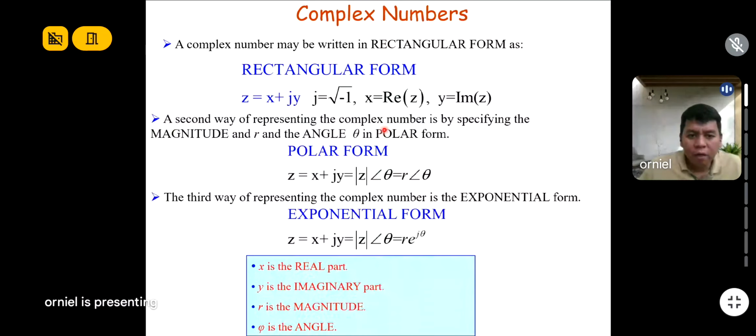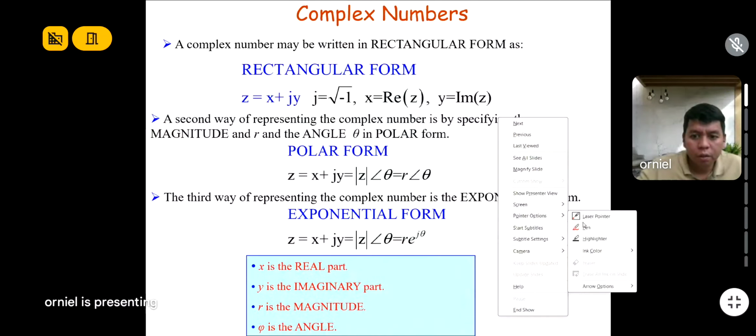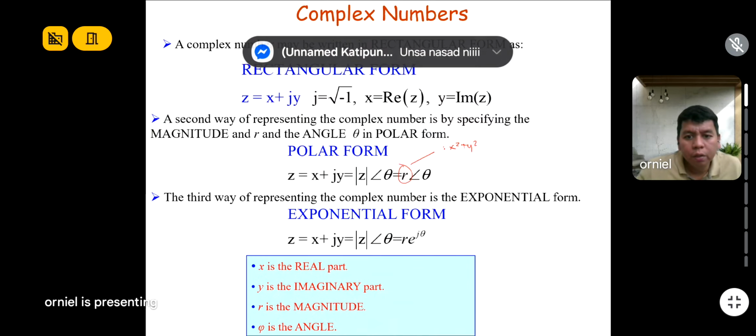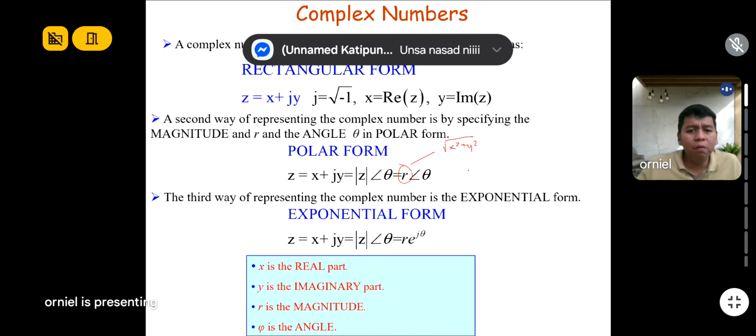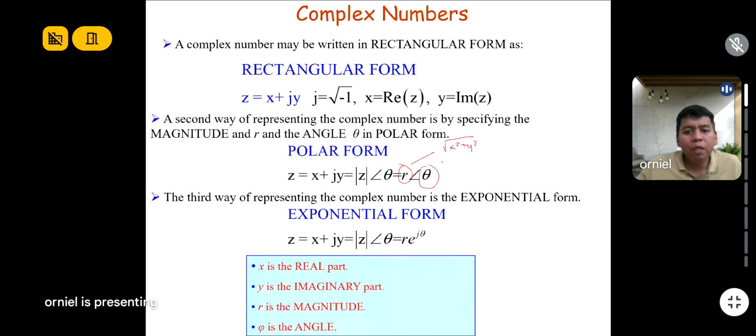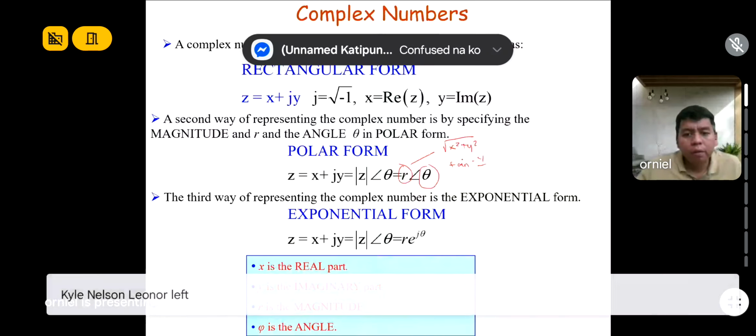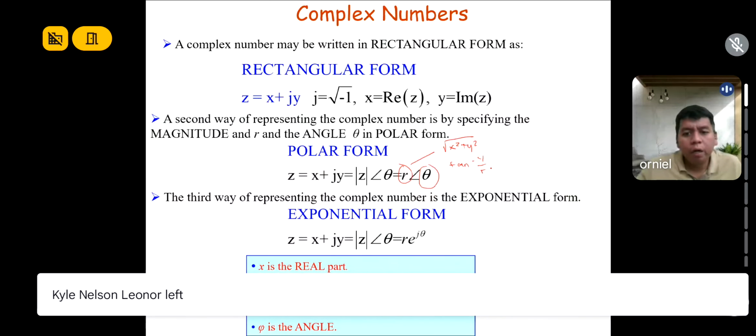The magnitude R is the square root of x squared plus y squared. For the value of theta, by SOHCAHTOA, it is tan inverse of y over x.